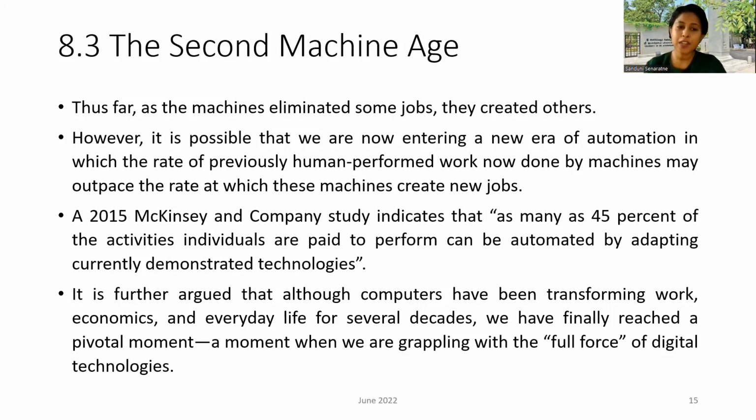A 2015 McKinsey & Company study indicates that as many as 45% of the activities individuals are paid to perform can be automated by adopting currently demonstrated technologies. So if we correctly adopt the technologies that we are being presented with, as many as 45% of the activities of individuals can be automated in the future, according to a 2015 report by McKinsey.